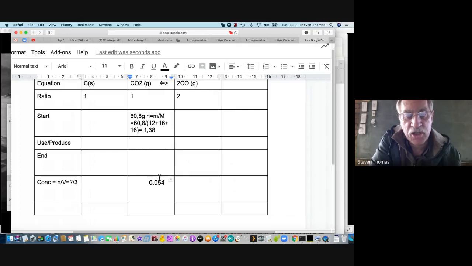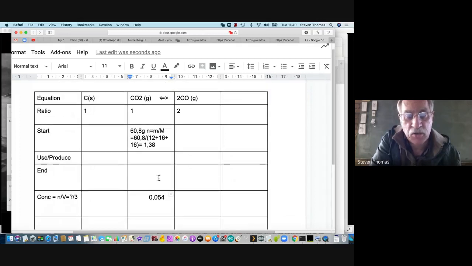Now, tell me, is anybody lost yet? I'm just taking what they're giving me and I'm finding the places on this table to put it. They gave me a concentration, I put it in the concentration column. Now, what I like about this is we've got to go from a concentration to moles at the end.